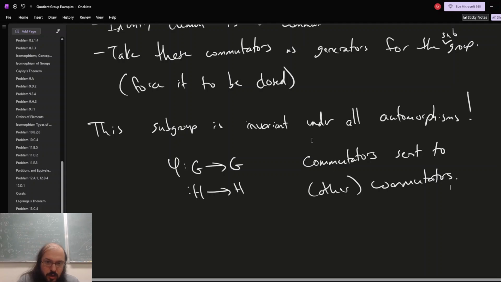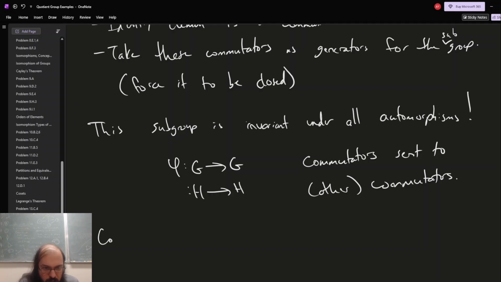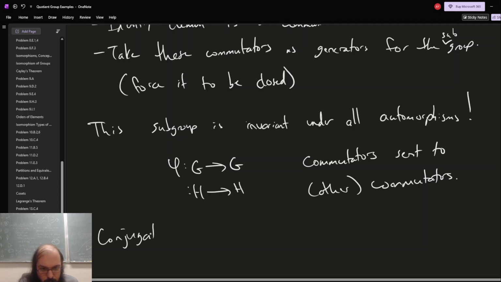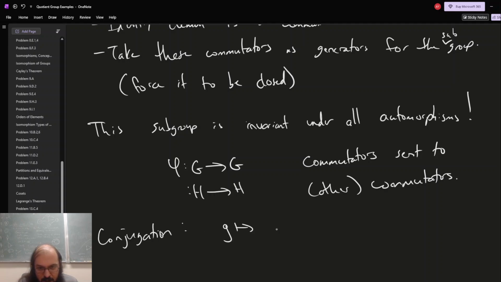And now to finish off, we observe that conjugation, sending a g to any xgx inverse, is an automorphism. That was one of your homework problems.